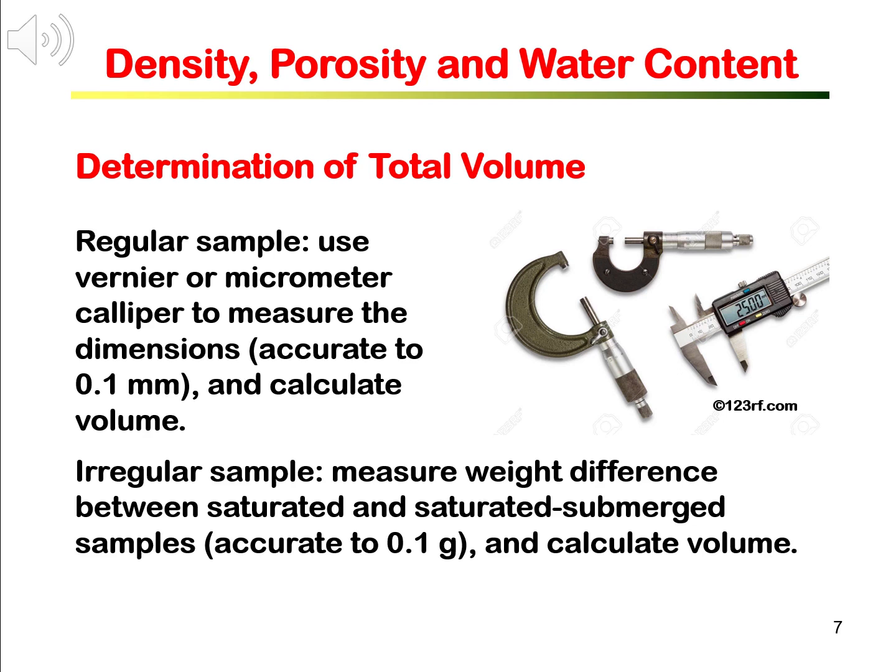The difference between the two weights is the weight of the water of the same volume as the sample. Since we know the density of water is 1000 kilograms per cubic meter, we can calculate the volume.